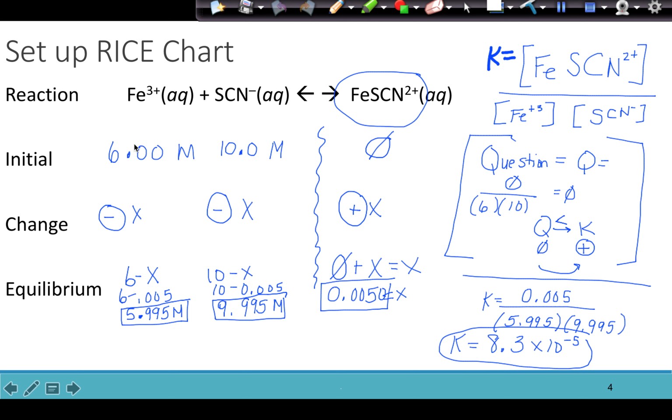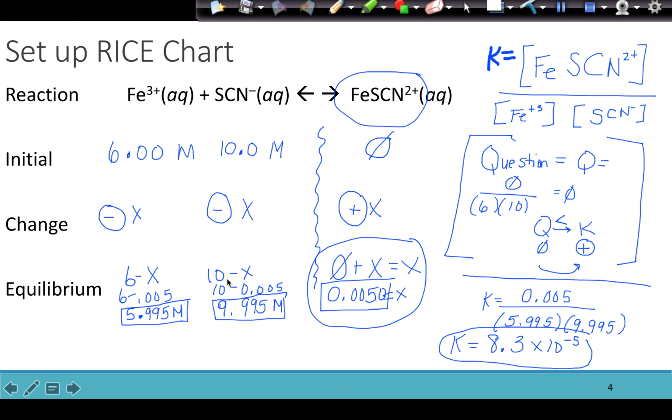Our initial concentration combined with the change gives us the equilibrium concentration. And they told us in this problem that the equilibrium concentration of this ion was 0.0050 molar. That tells us that that's what X is.